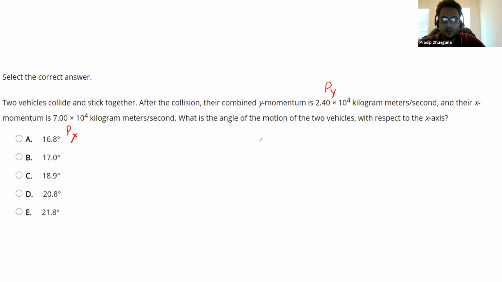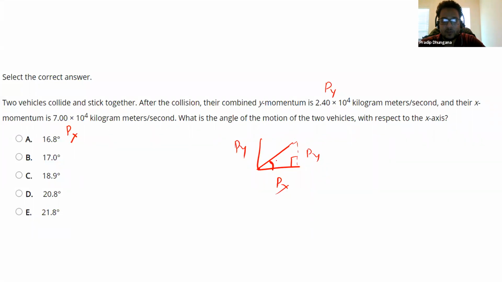To calculate the angle, the question is like this. Let us suppose Px is in this direction, Py, and we have to calculate this angle. And this is the resultant momentum, the direction of motion after the collision. This Py is part of the right angle triangle, so you can visualize from here.